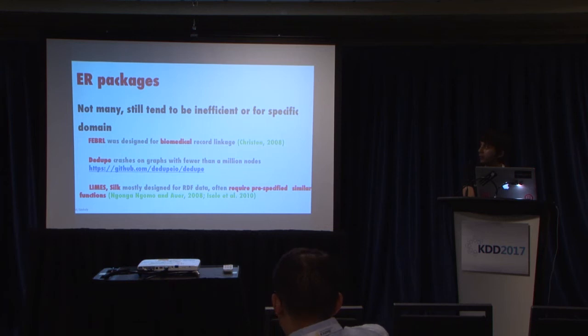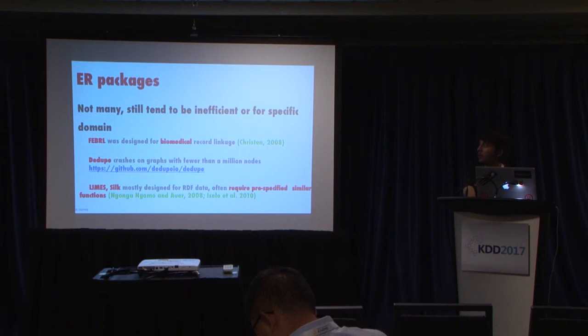But if you're interested, there are a number of packages designed for different things. One of the problems is that they still tend to be very domain specific or a little bit inefficient. So Febrile, for example, was designed for biomedical record linkage. They wanted to get very good performance on biomedical data sets, so they designed it for that.